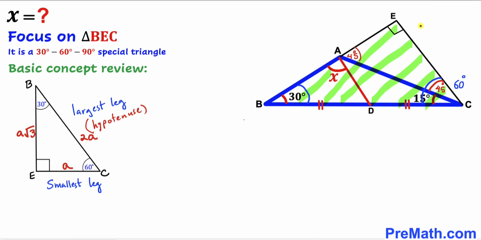Now let's focus on this triangle BEC. We can see that this side is twice this smallest leg. If I call this segment lowercase a, then the EC segment is simply lowercase a. So these two sides are going to be equal in length.